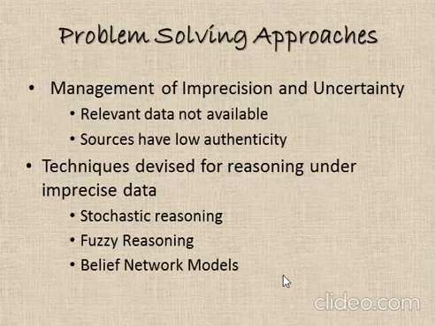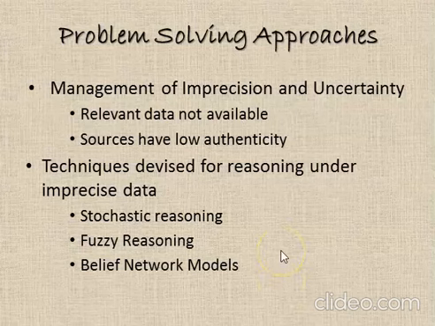Another case is when data is available, but the source from where we got the data is not authenticated. Then also we may have doubt in using that data. So in both these cases we have uncertainty.